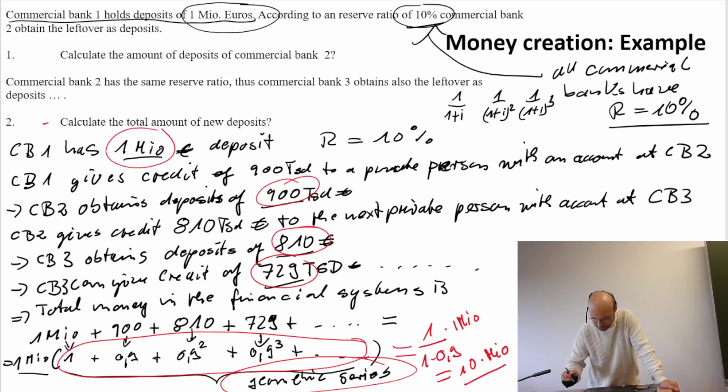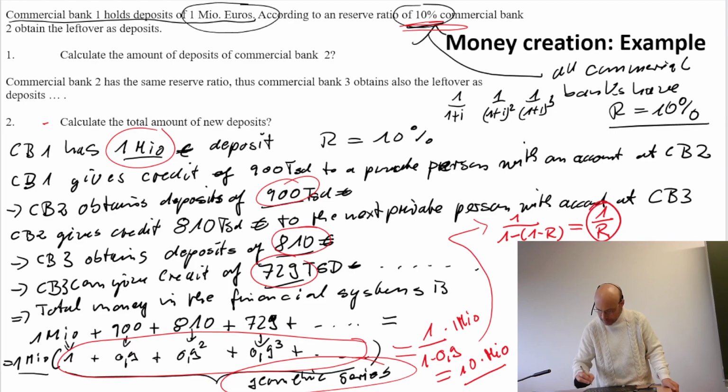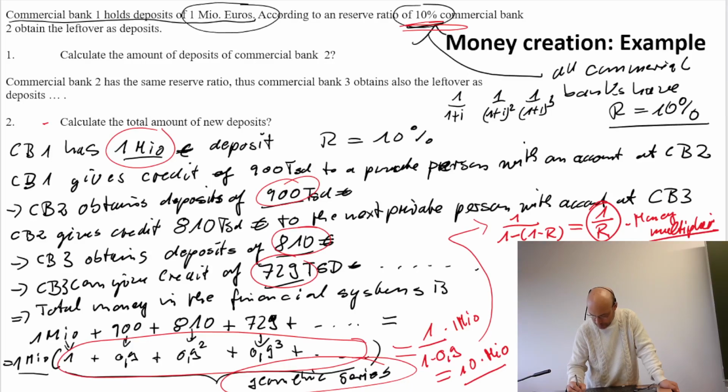And if we insert there our reserve requirement of 10%, I didn't write it down here, then in general we could insert 1 over 1 minus (1 minus r), and this then ends up in 1 over r. And this 1 over r, 1 over the reserve requirement, we called the money multiplier.